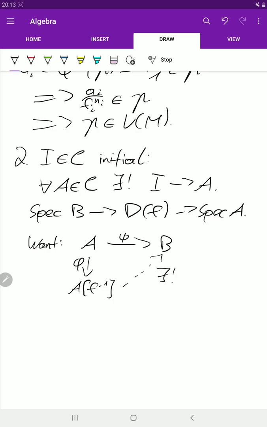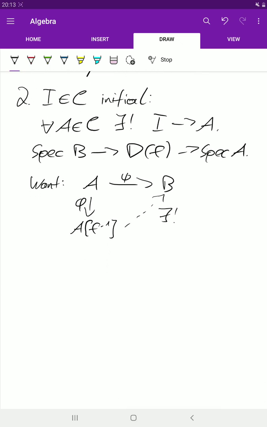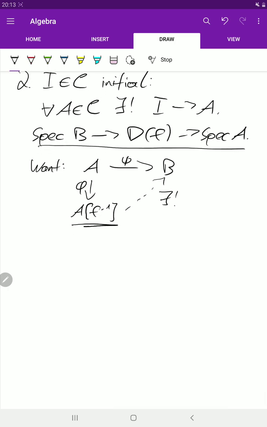So that's our universal property, the property of A_F inverse being initial among these. And of course psi has to fulfill this, so that it factors over D(F).